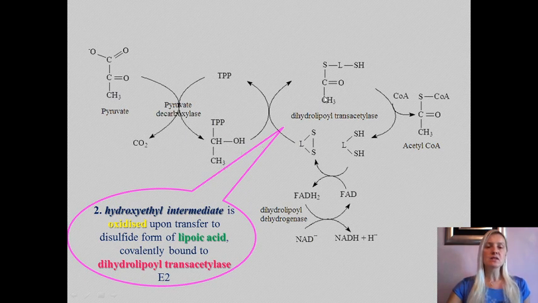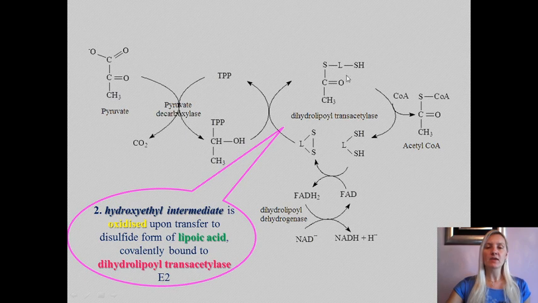And during this process, this acetyl derivative is transferred from TPP to lipoic acid, the disulfide form of lipoic acid. And this transfer is catalyzed by dihydrolipoyl transacetylase, which means transfer of the acetyl group to the disulfide form, or oxidized form, of lipoic acid.